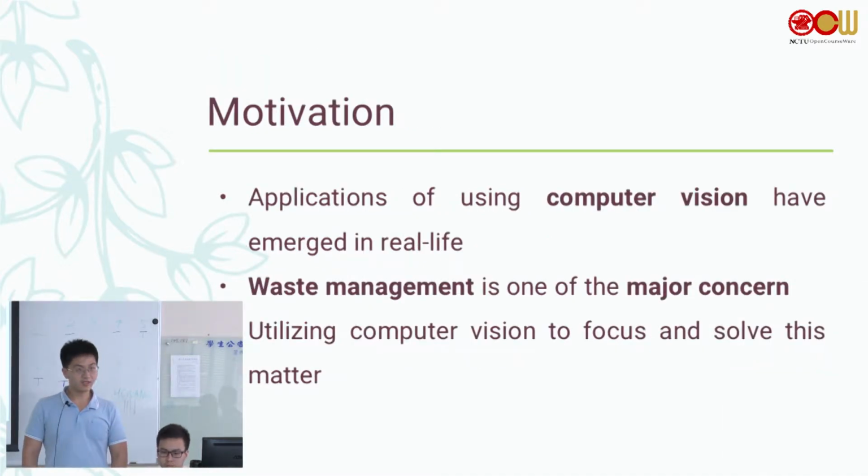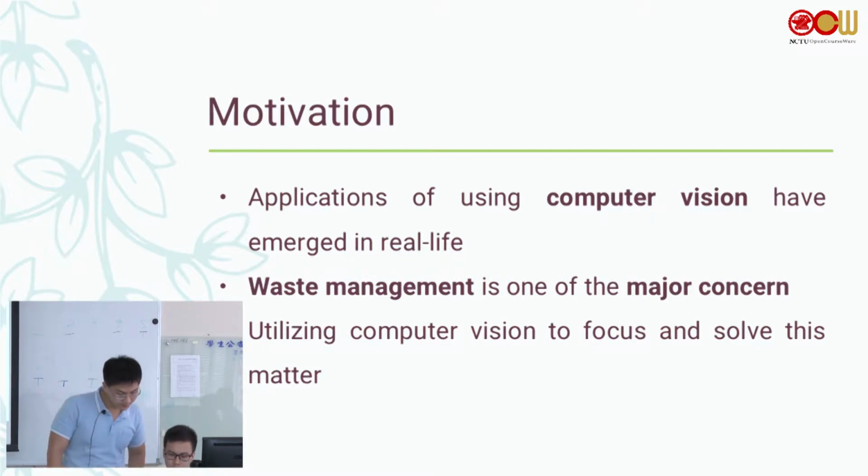For the motivation, the application of computer vision systems is very widely used now, but current waste management systems don't have many points that use computer vision. So we want to utilize computer vision for this matter.